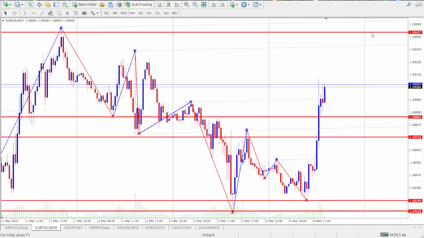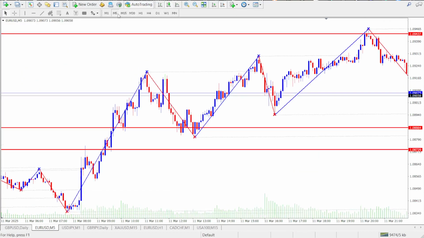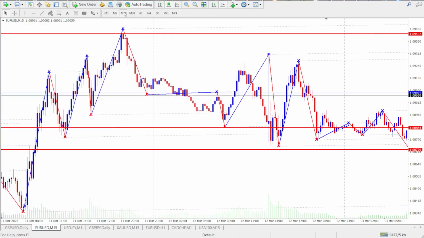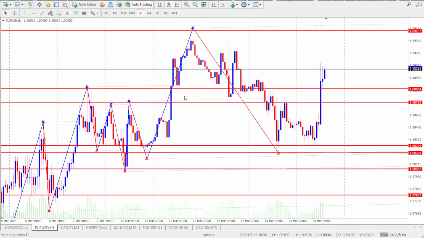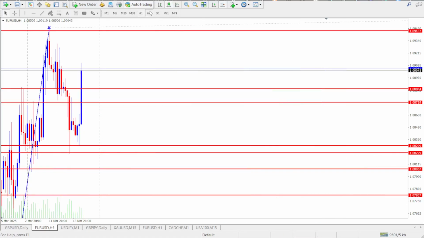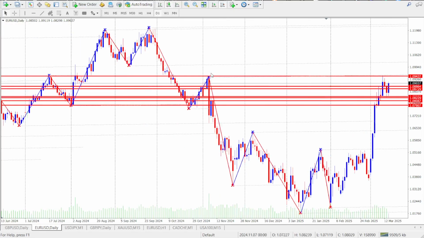How do you apply this to different time frames? For scalpers and day traders, you can use this indicator on the M5, that is the 5-minute chart, the 15-minute chart, and even the 1-hour chart to catch quick trend reversals. Then if you are a swing trader, you can focus on the 4-hour chart and the daily chart for more medium-term trade setups, right?